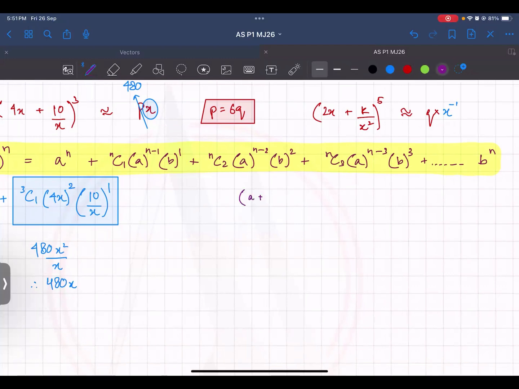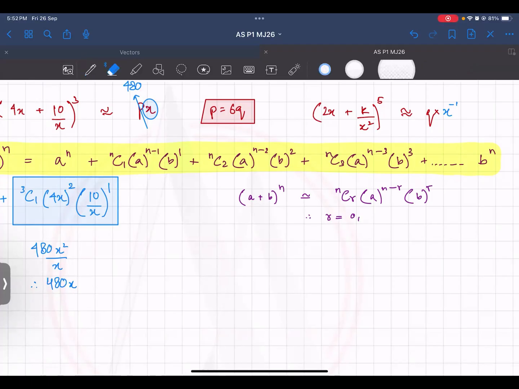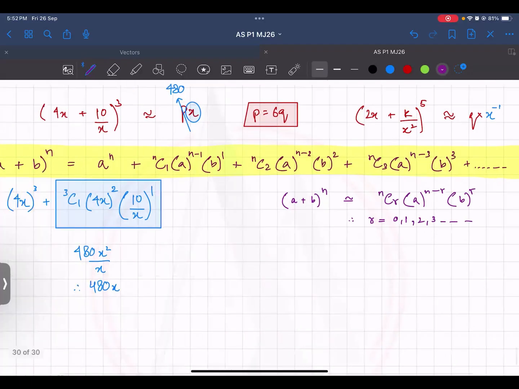You have (a plus b) power n, and the general formula is nCr, a power n minus r and b power r. And we know that r starts from 0, 1, 2, 3, and so on and so forth. And this will get you all of the terms in this expansion.